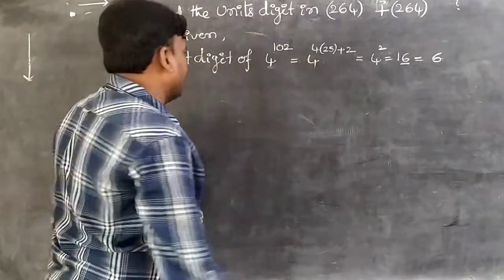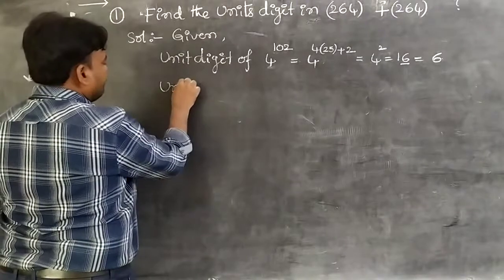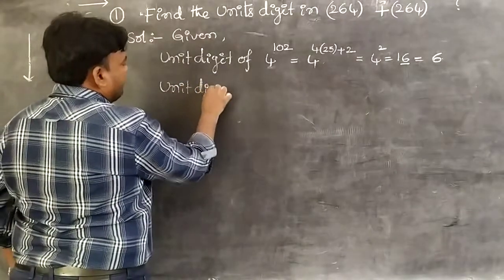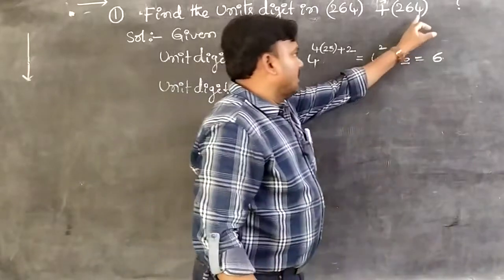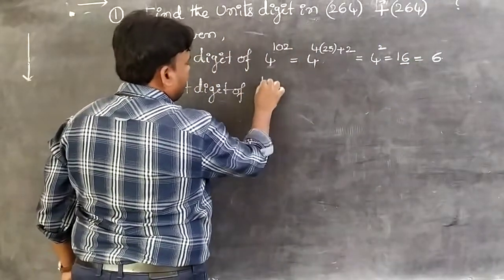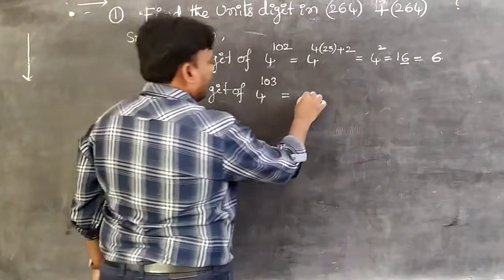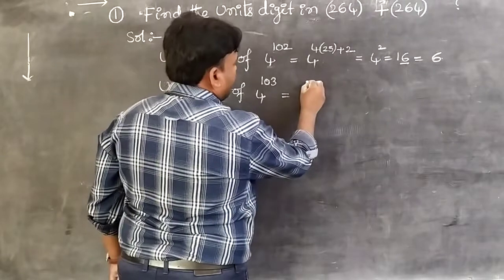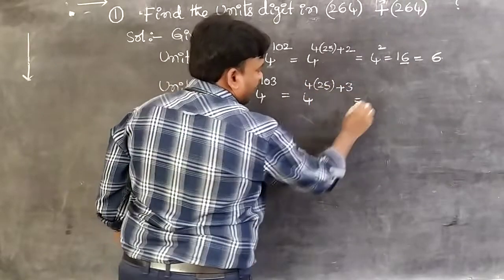Comes to next one. Unit digit of the second one, 4 power 103. That means observe students, here also as we say 4 power 4 of 25 plus 3 equal to.